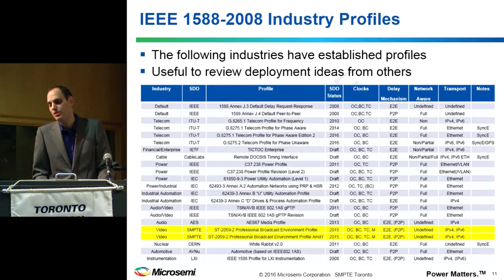For the audio-video industry in general, I think there's a few standards bodies that are actually targeting that market. I think the core one, of course, is SMPTE here, the ST2059-2, which was released last year. But there are other associated profiles that may be relevant to some of you people in the room that are working on slightly adjacent industries. So for example, AES, looking at audio equipment, they have their own profile as well that's customized for their use case.